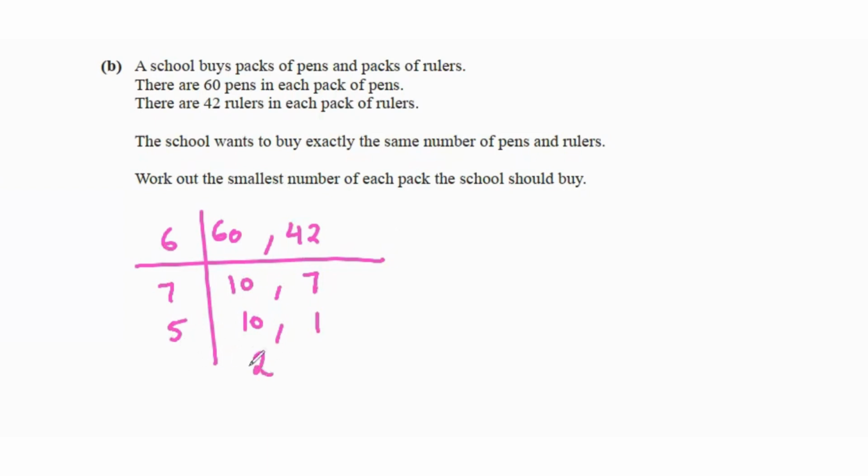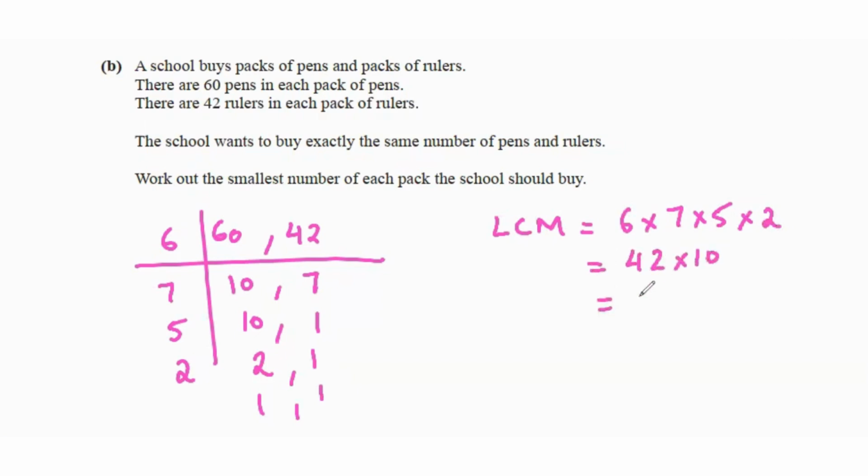So 5 times 2 is 10, and 2 only comes in the 2 times table. So the lowest common multiple of 60 and 42 is going to be 6 times 7 times 5 times 2, which is 42 times 10, and that is 420.